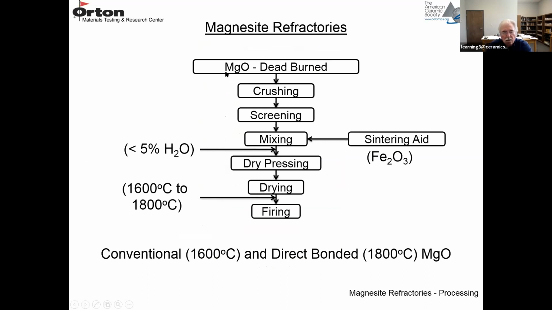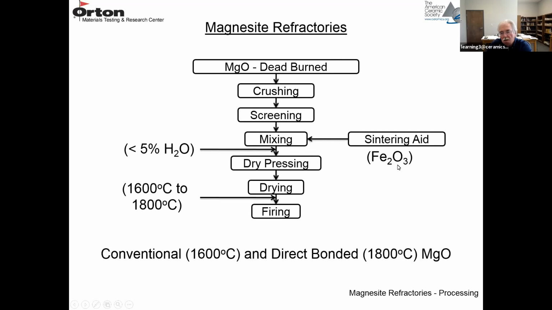So to make an MgO refractory, you start out with this dead burned MgO, which is the material that's been calcined at a high temperature to densify it. It's crushed and screened into the appropriate proportions according to particle packing to give you a maximum density. It goes through a mixing step where water is added.